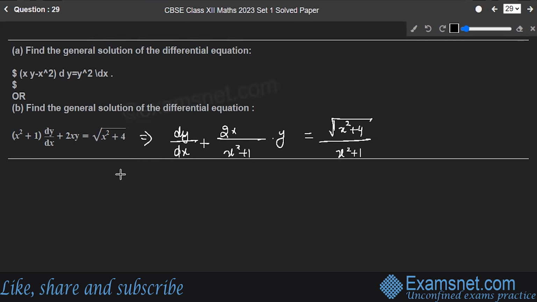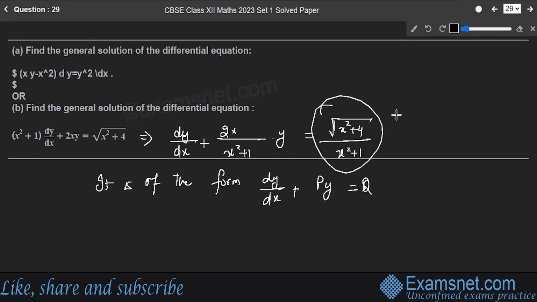So this is of the form dy by dx plus Py is equal to some Q, where this is your Q and this represents P.